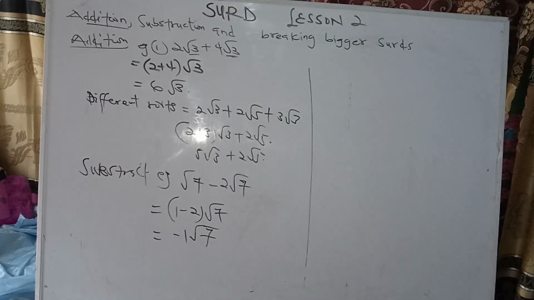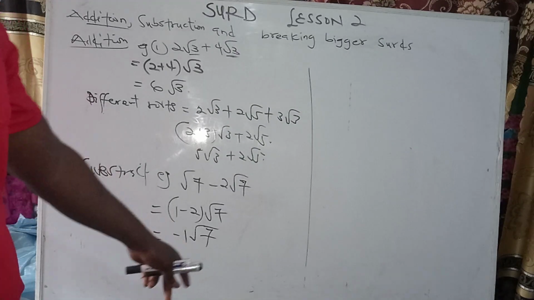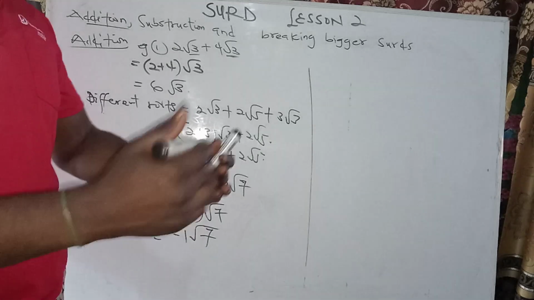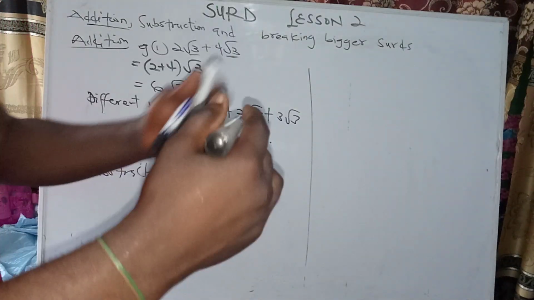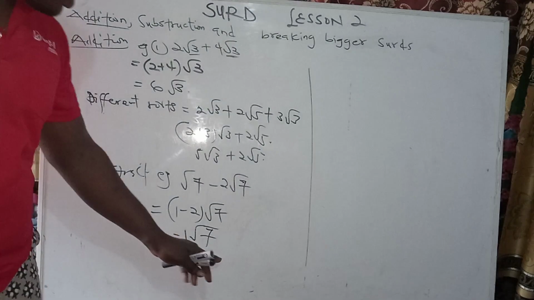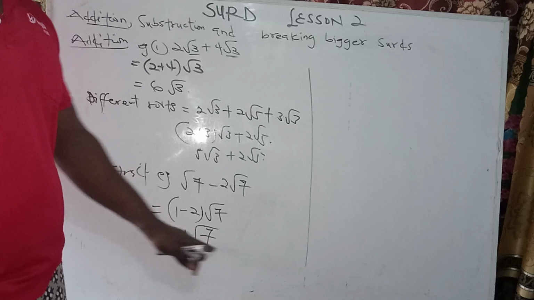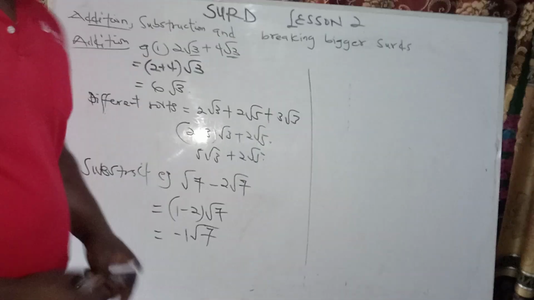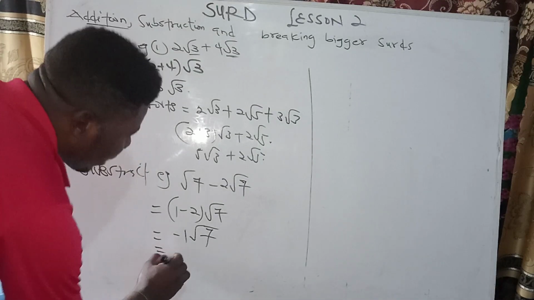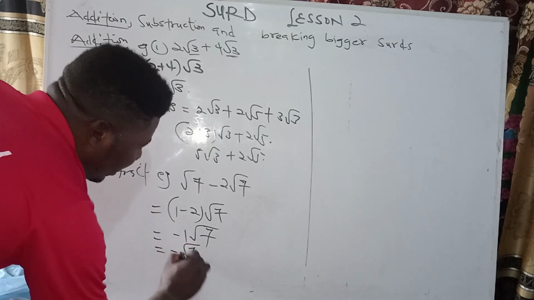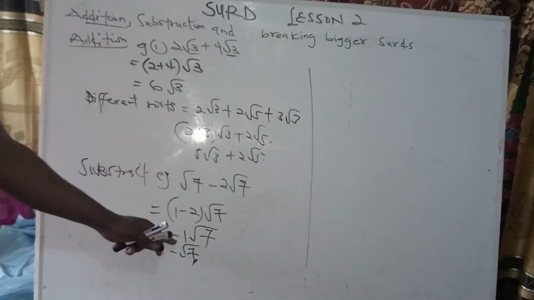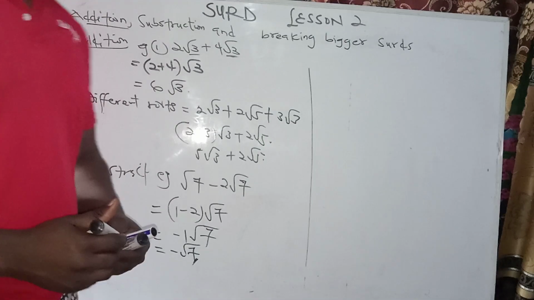But instead, when you write this, it is good, fine, it's correct, but it doesn't show you are matured. So what you do is, you have minus root 7. Simply, it even looks nicer than this. So that is what you are going to do.